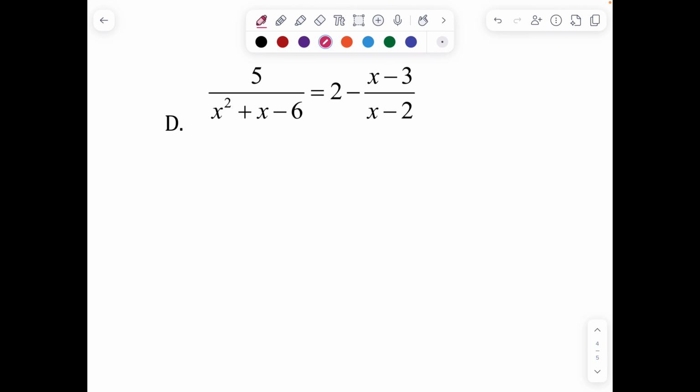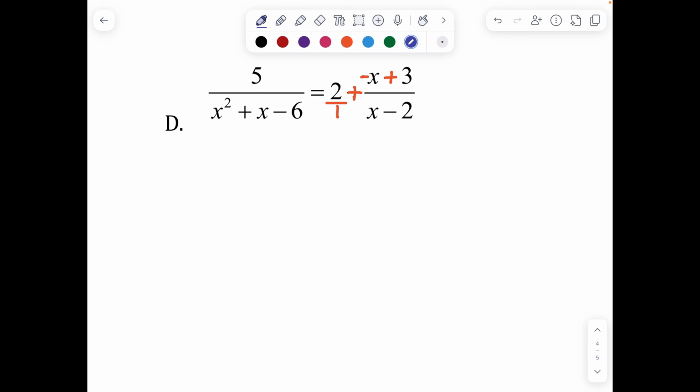All right, last problem for this section. So D, we have 5 over x squared plus x minus 6 equals 2 over 1. So we need to make sure we remember that that's a 1. Minus, so I'm going to change this to a plus sign, negative x plus 3 over x minus 2.